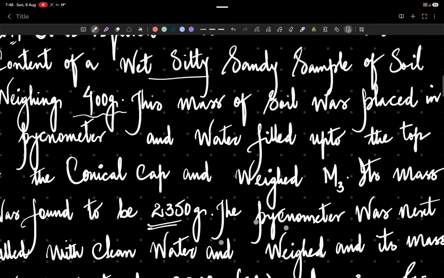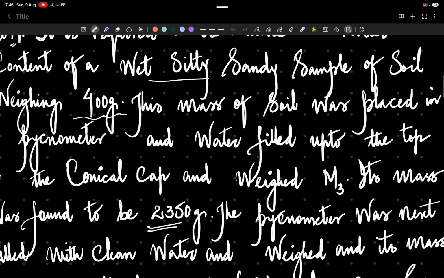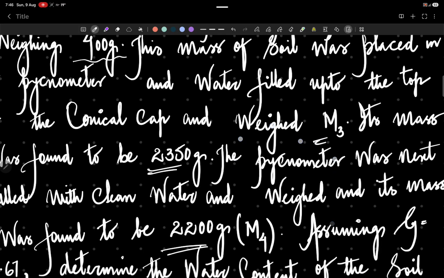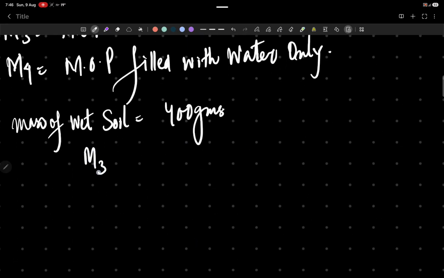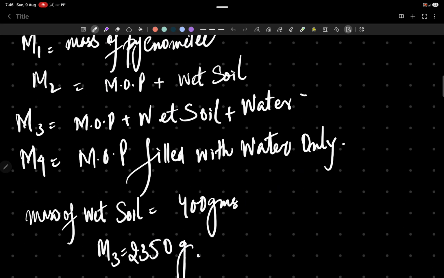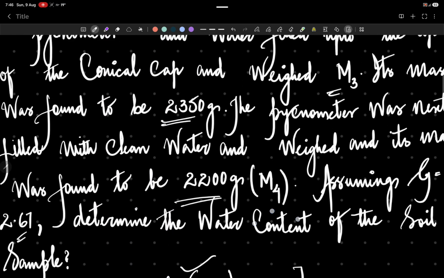The soil was placed in the picnometer and water filled to the top of the conical cap and weighed. M3 is given in the question itself as 2350 grams, as M3 is the mass of picnometer plus wet soil plus water.